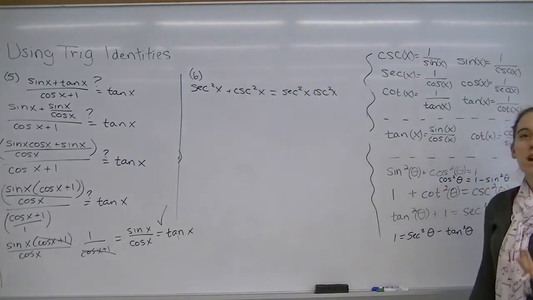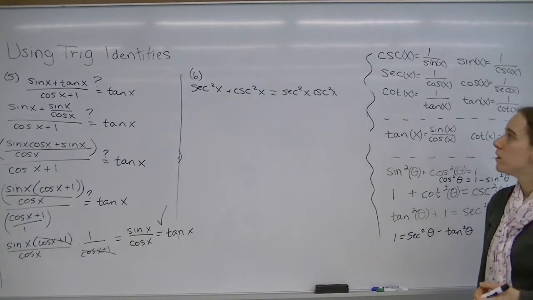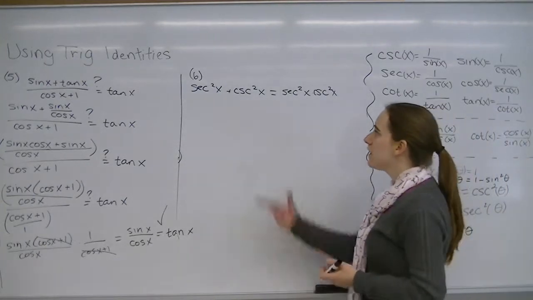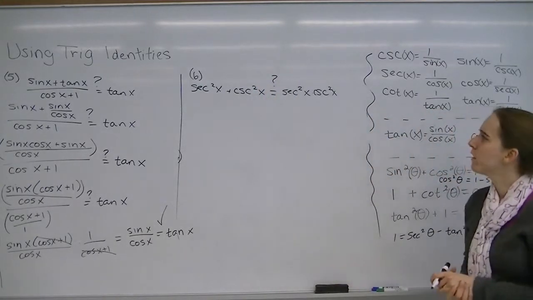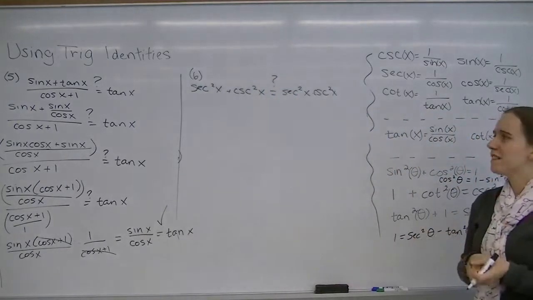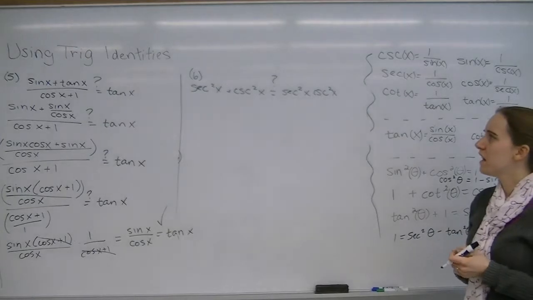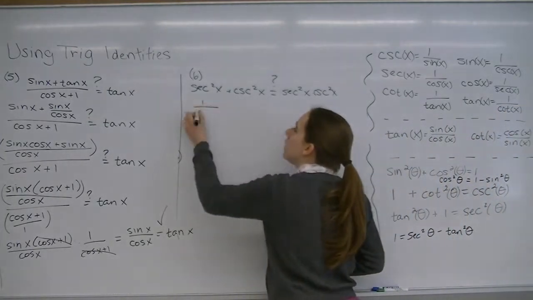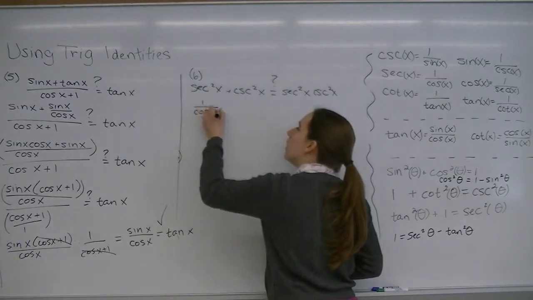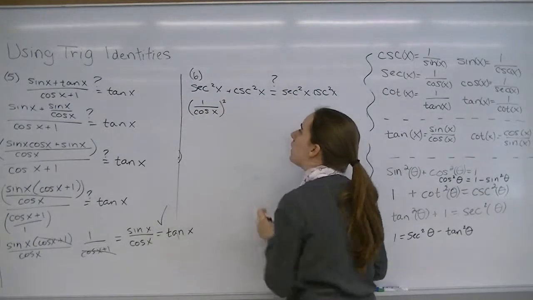We may need to work on both sides. So notice that this looks like a pretty unusual one. So we want to make sure that that's true. I'm not really comfortable working with secant and cosecant, at least not as comfortable as I would be with sine and cosine. So let's switch them right to sine and cosine.